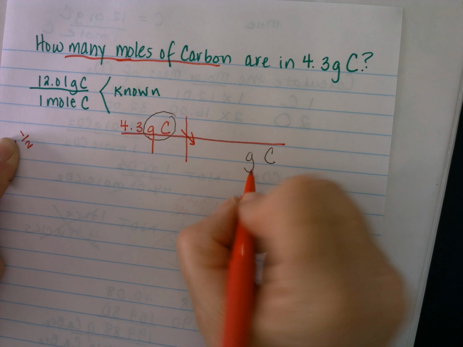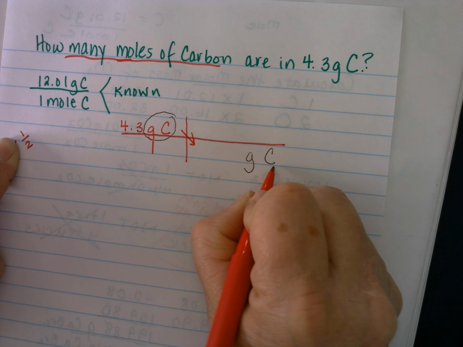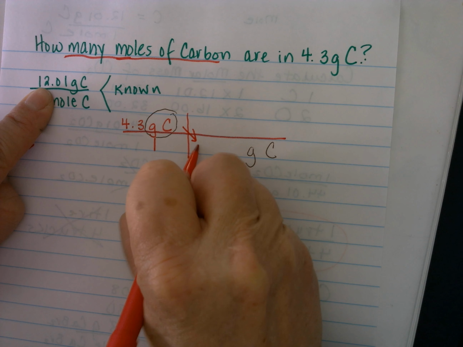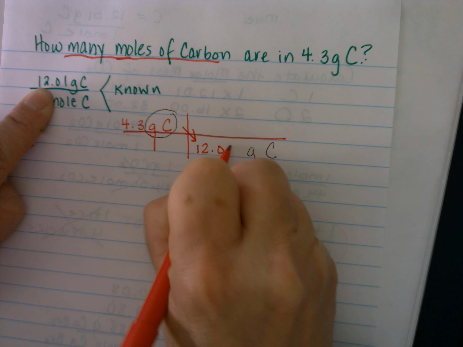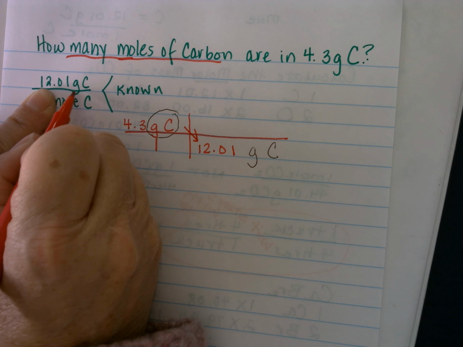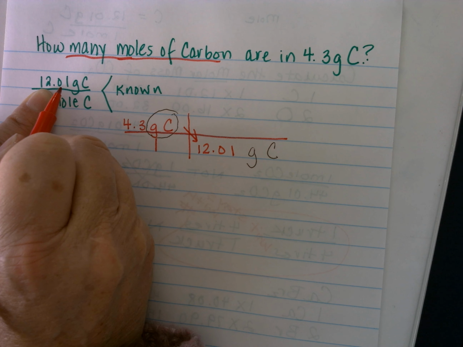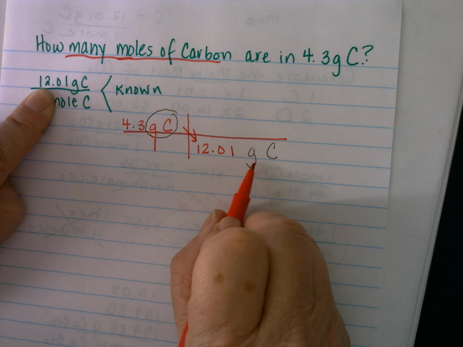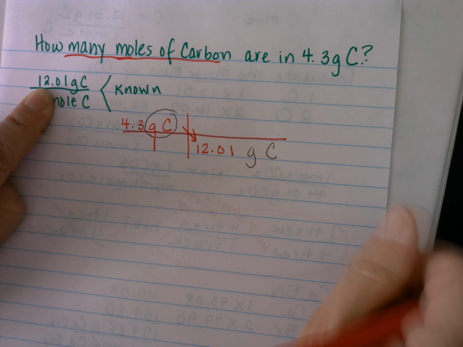So since grams of carbon is right here, I'm going to put grams of carbon, 12.01. Why do I put 12.01 at the bottom? Because the unit must stay with the number. So since grams of carbon is down here, 12.01 has to go here.